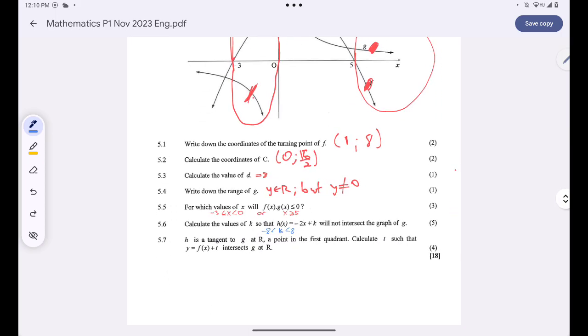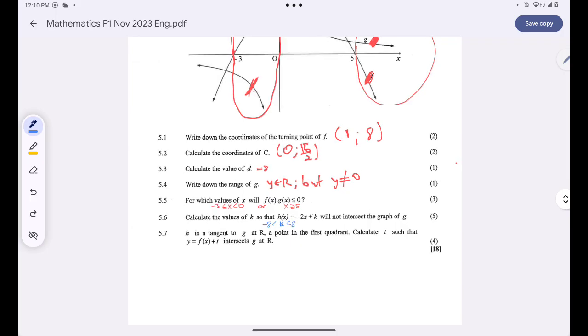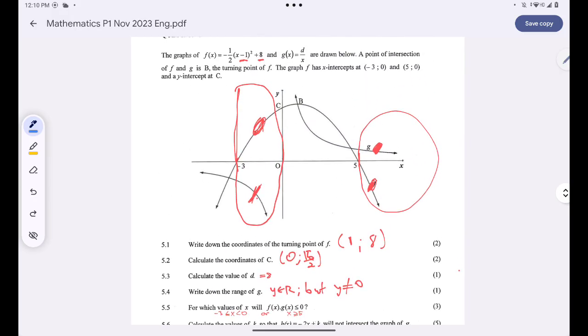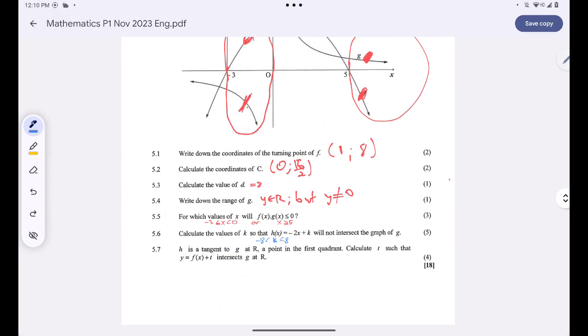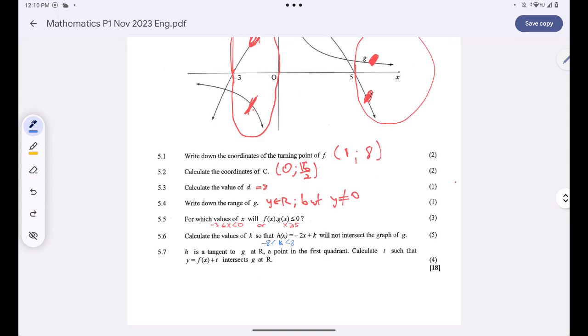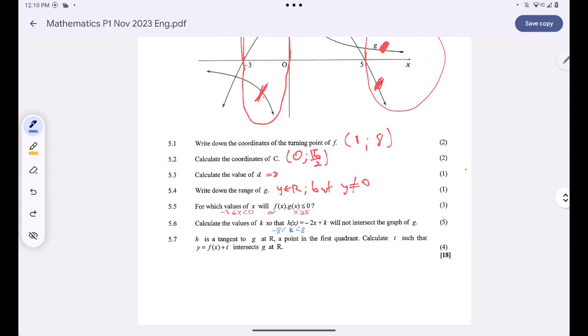Oh, remember that, guys, we just calculated that for this graph not to be a tangent to the graph of g, right?